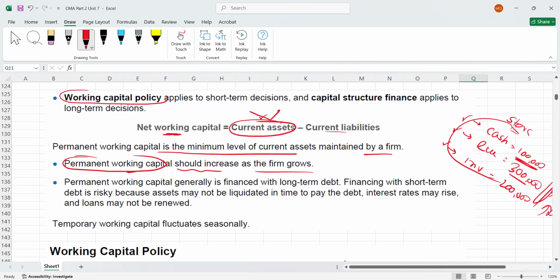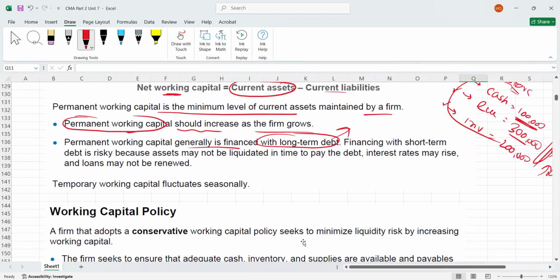And if your business is under depression or recession, definitely maybe you need less. Then permanent working capital generally is financed with long-term debt. I'll explain the funding policy later, don't worry, through the policies.